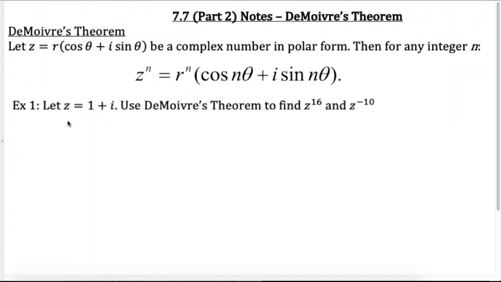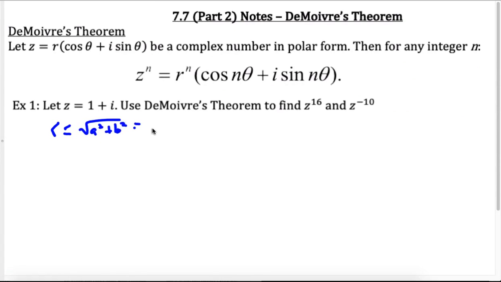Let's say that our z, our complex number, is 1 plus i. To use this theorem, we need to put that number into polar form. So first, we need to convert. We need to find r. To find r, we take the square root of a squared plus b squared.